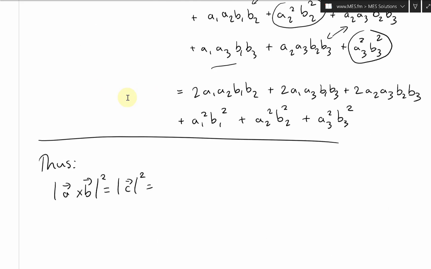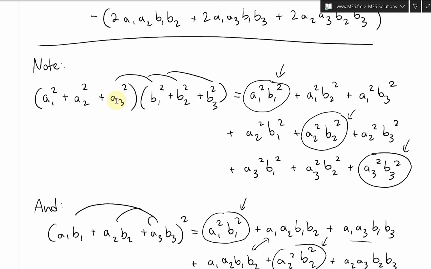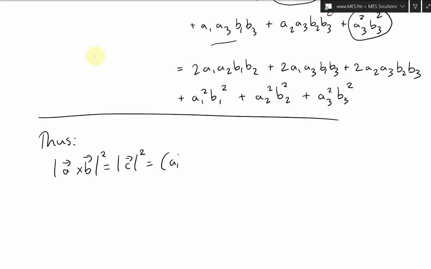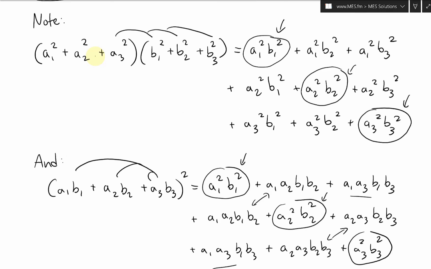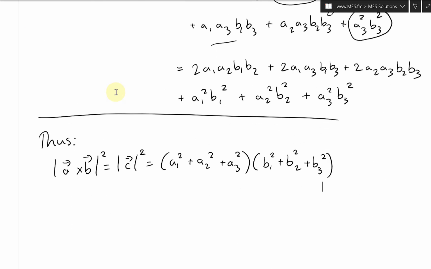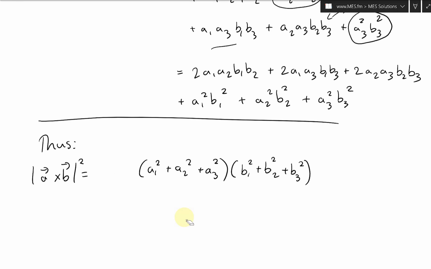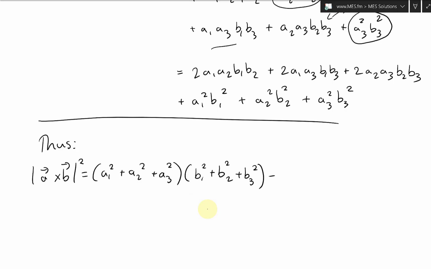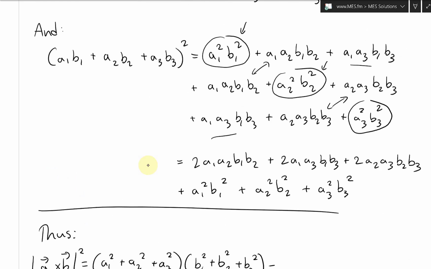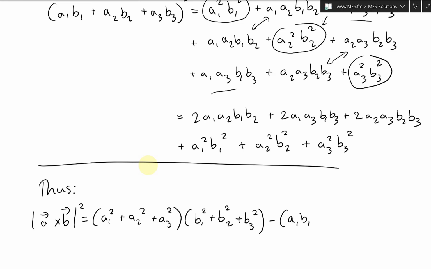A1 squared plus A2 squared plus A3 squared, times B1 squared plus B2 squared plus B3 squared, minus, to save some space I'm going to remove the C squared, but a good thing we caught that mistake, we had forgotten the square, and then minus this part right here, all squared: A1, B1 plus A2, B2 plus A3, B3, all squared.